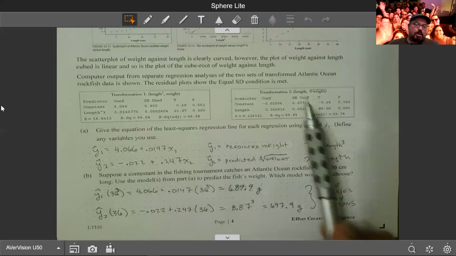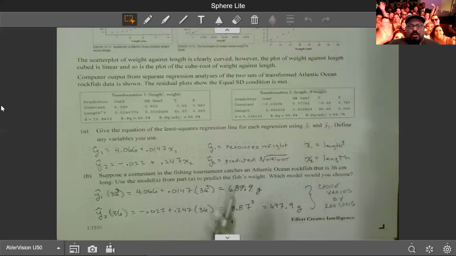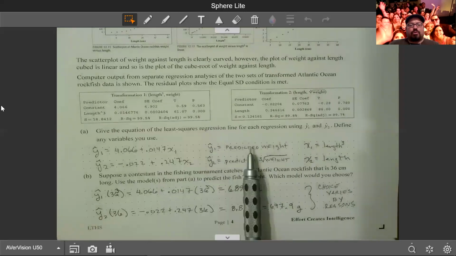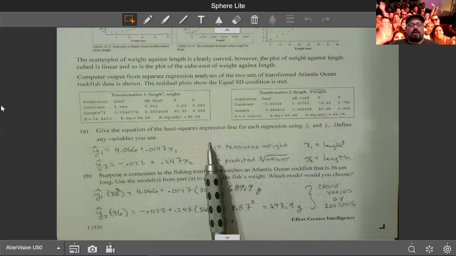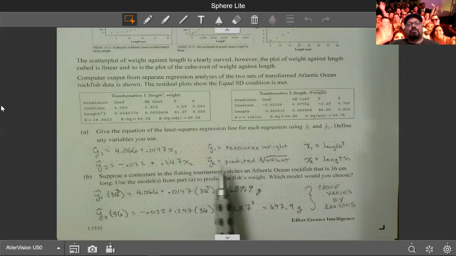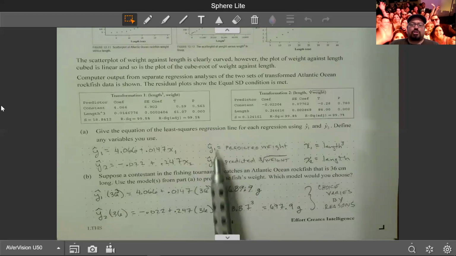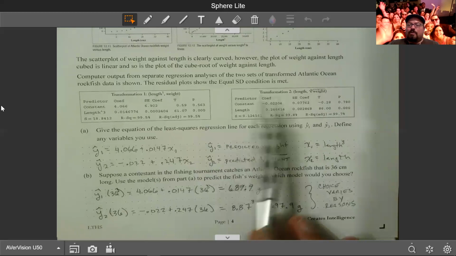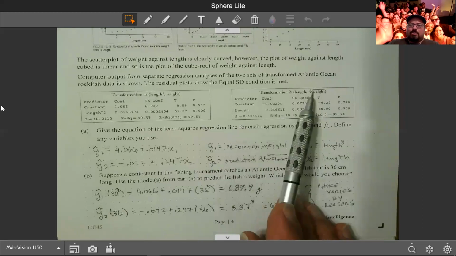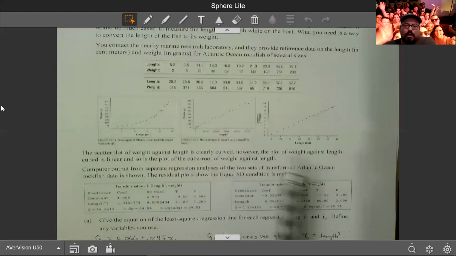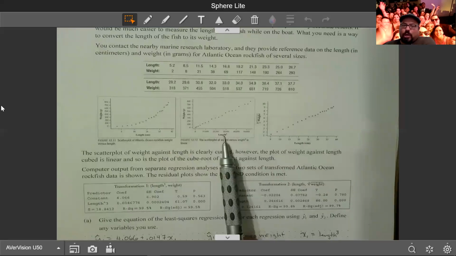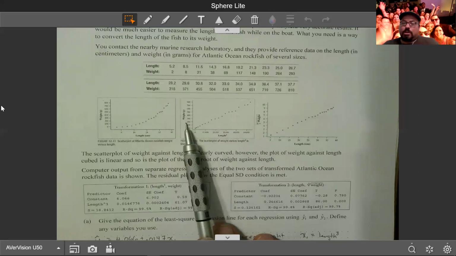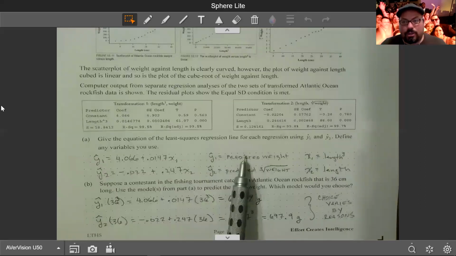Now, these are not too hard to come up with as long as you say predicted, have your hats, have the subscripts if you're using multiple equations in the same question, and define your variables. The definition of the variables is simply what they're telling you. You look at your scatter plot: length cubed is x, weight is y, so it's the predicted weight and length cubed.